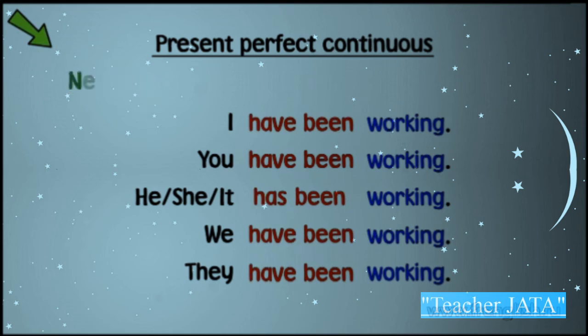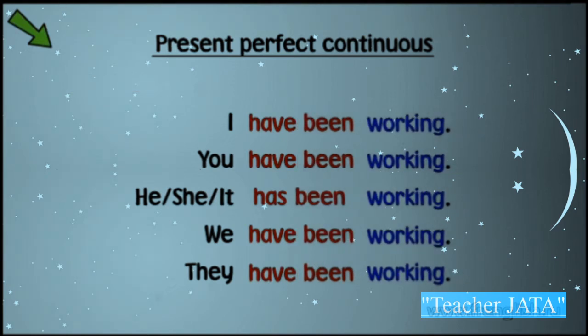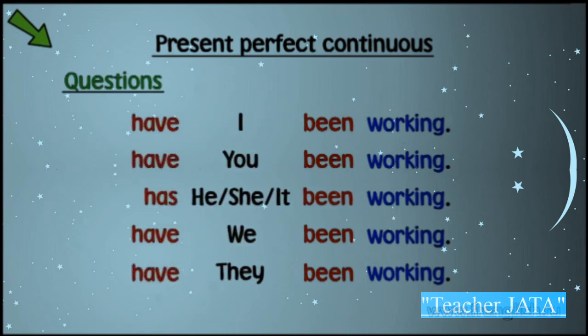We form the negative of the present perfect continuous with haven't been or hasn't been. To form questions in the present perfect continuous, we move have or has before the subject.